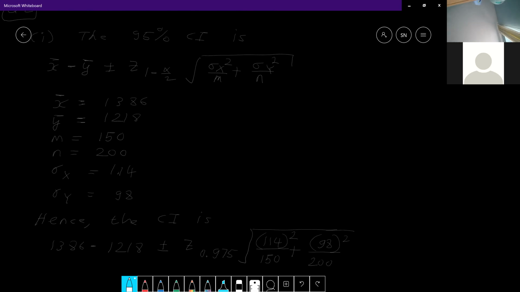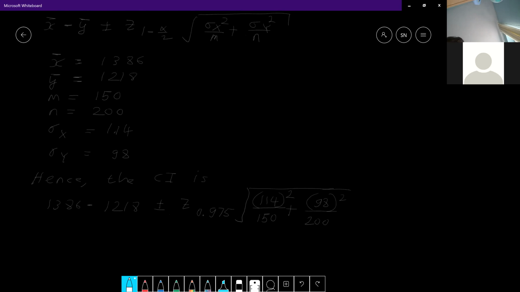All right, so this is your confidence interval, and if you read this off the table, you will get 1386 minus 1218 plus or minus 1.96, which is the table value from the normal table. Then in the square root, it is the same thing: 114 to the power 2 divided by 150 plus 98 to the power 2 divided by 200.